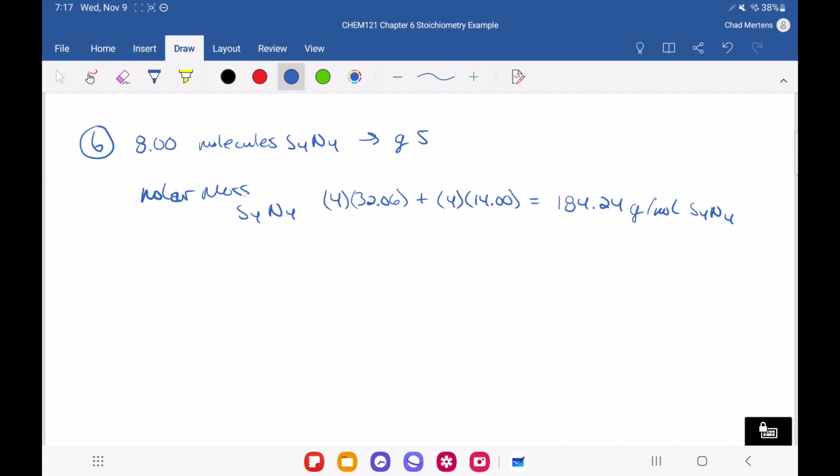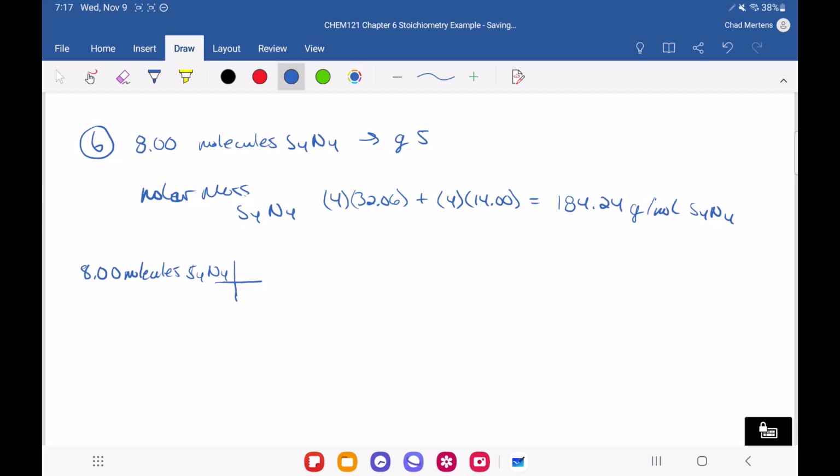So if we look at solving this equation, we know that we're given 8.0 molecules of S4N4, and we want to end in grams of sulfur.